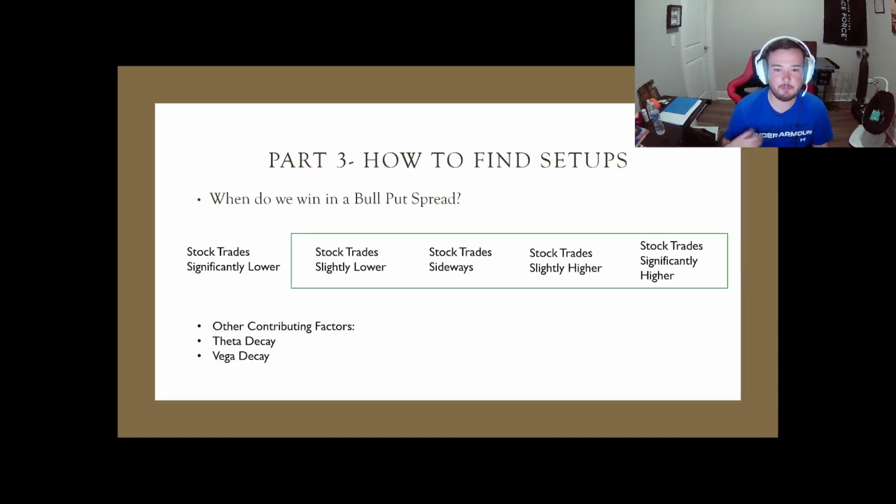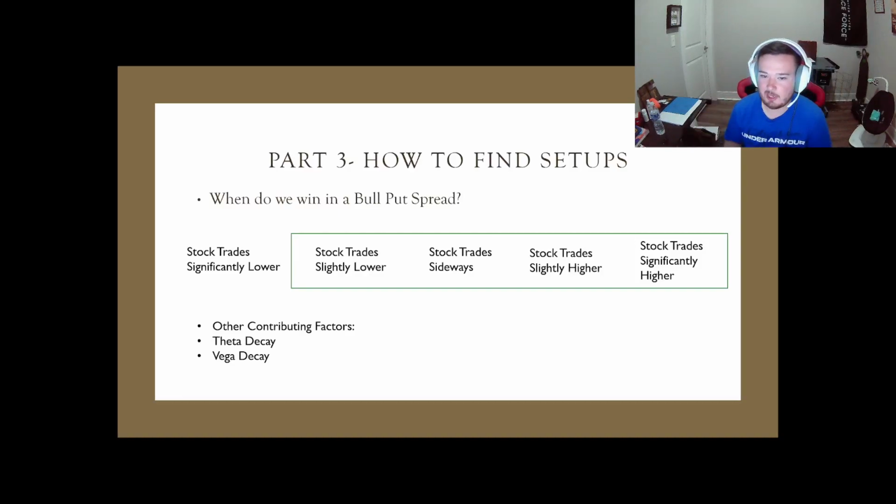Now, let's talk about a bull put spread. So notice how stock trades significantly lower is now part of our losing conditions. And part of our winning conditions now are stock trades slightly lower, stock trades sideways, stock trades slightly higher, and then stock trades significantly higher. If the stock trades significantly higher or slightly higher, it allows us to close our bull put spread early, which then allows us to open up another trade before this one even expires, which is awesome.